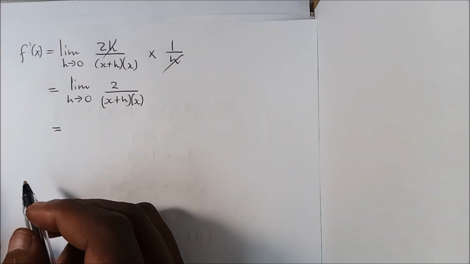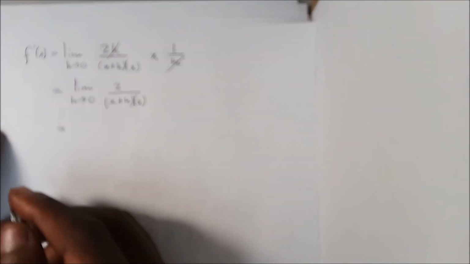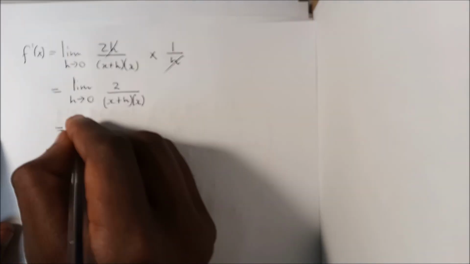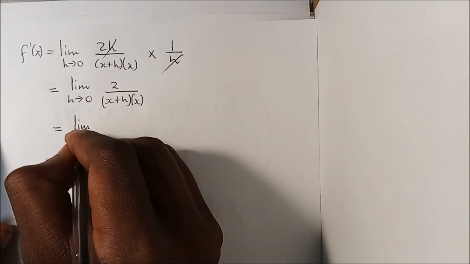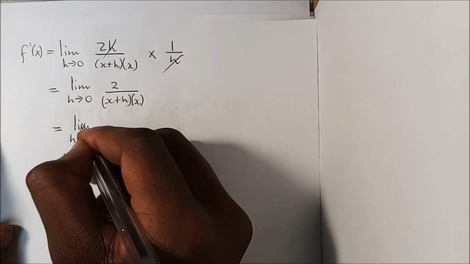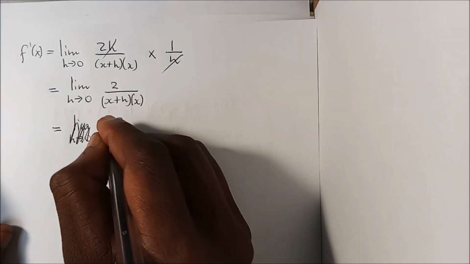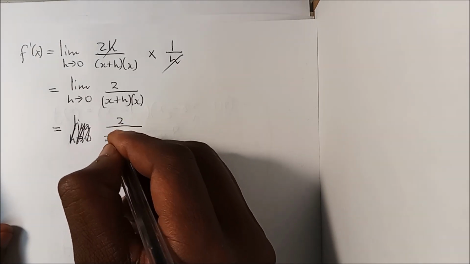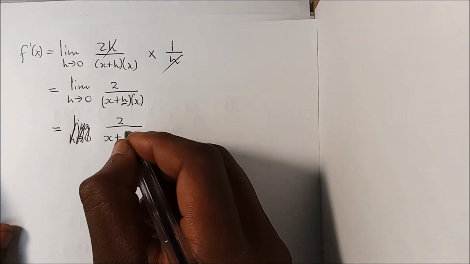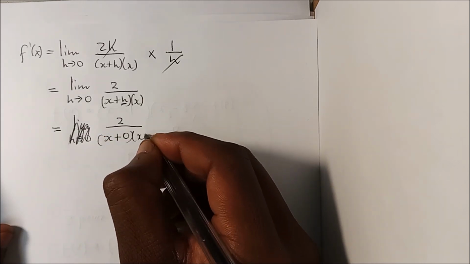So now remember, the last part is to substitute the value of h. And when you substitute the value of h, you don't have to write the limit again. Sorry, I'm substituting the h, so I don't have to put the limit. So we have 2 over x plus 0 into x.